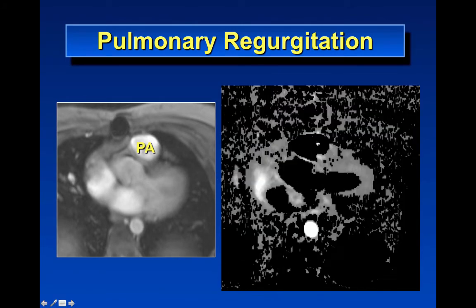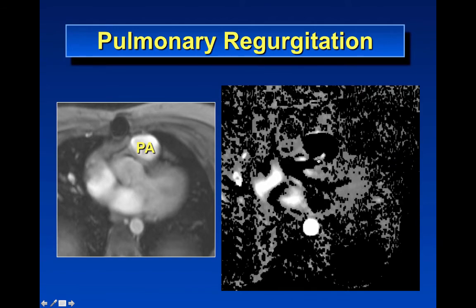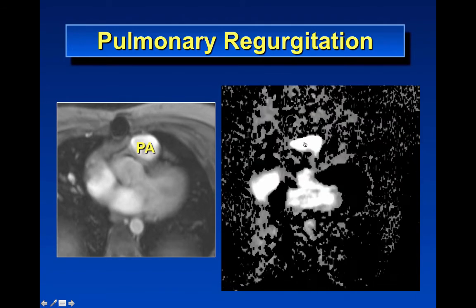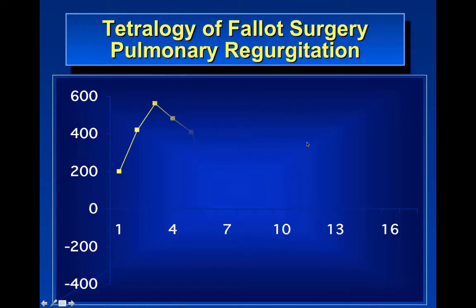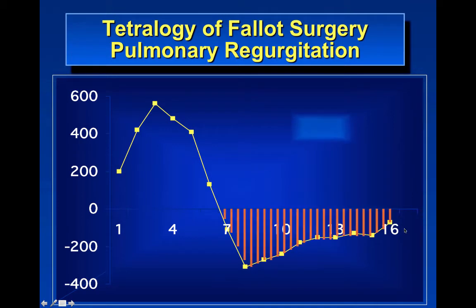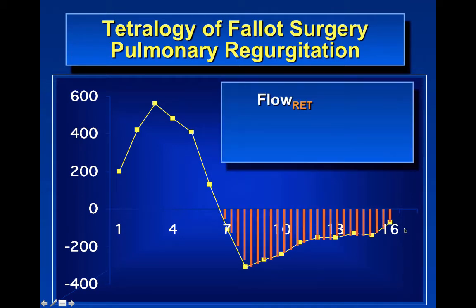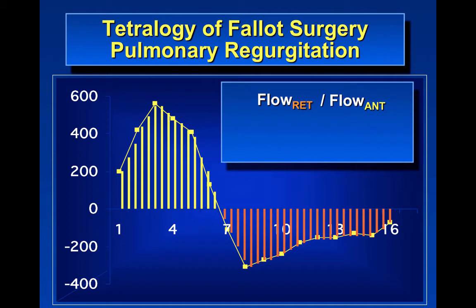And the pulmonary artery is here, and it shows dark signal indicating forward flow and bright signal indicating regurgitation. And this is quantified. This flow curve shows forward flow during systole and retrograde flow during diastole. And if we take the retrograde volume and divide it by the antegrade volume, that equals the regurgitant fraction.